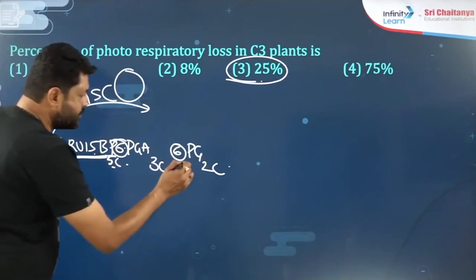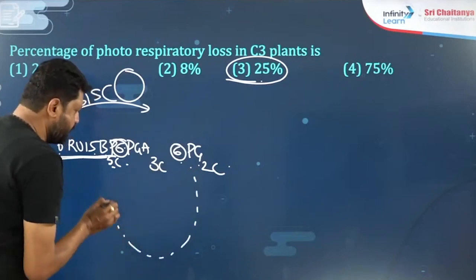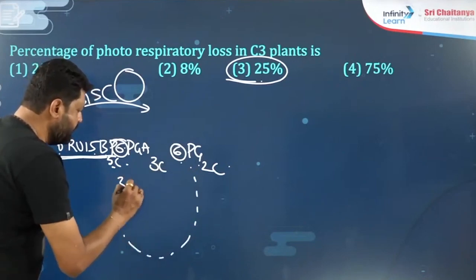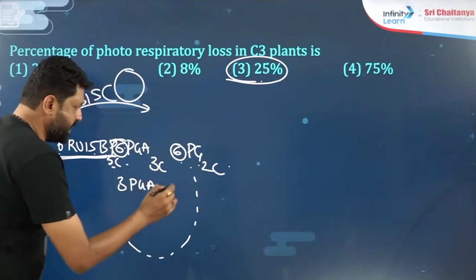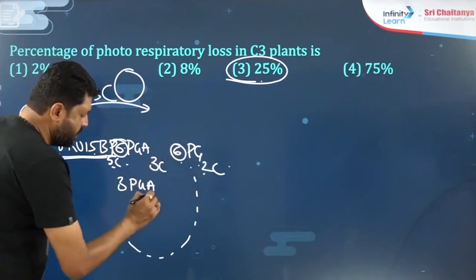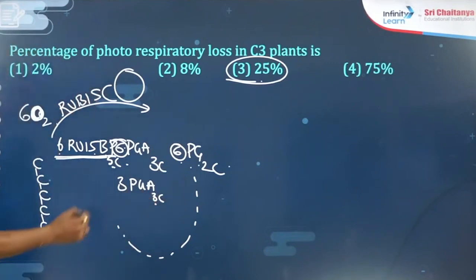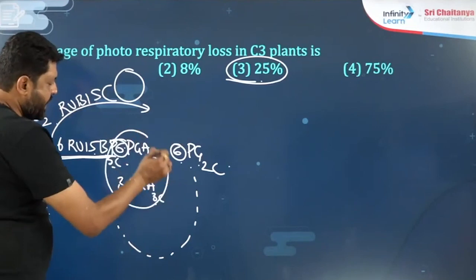So now 6 moles of phosphoglycolate are slowly getting converted into 3 moles of PGA. 6, 2 into 6, 12. But here, 3 into 3, 9. So totally how many are recovered?